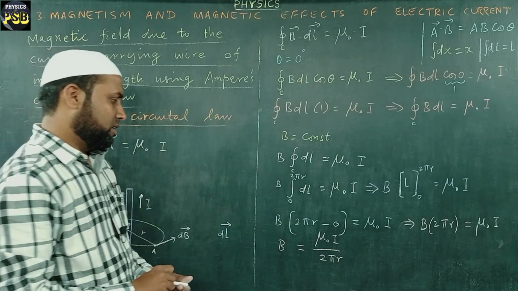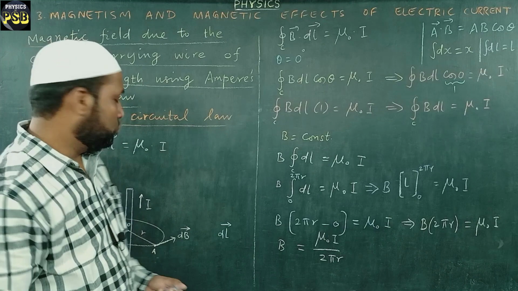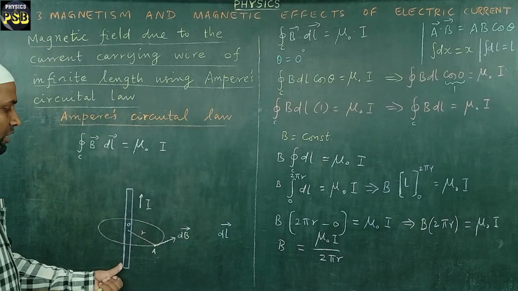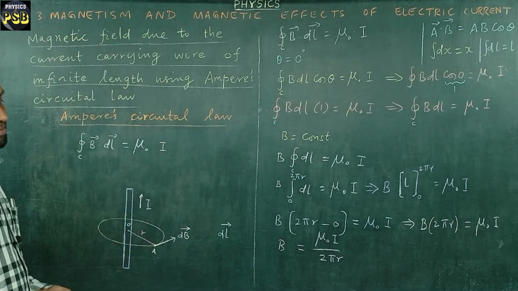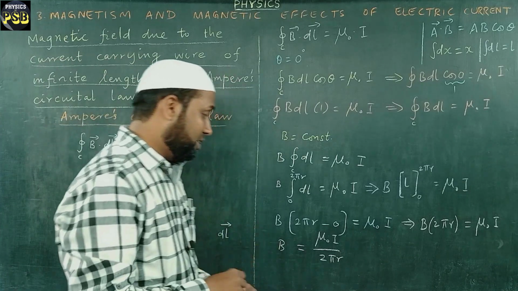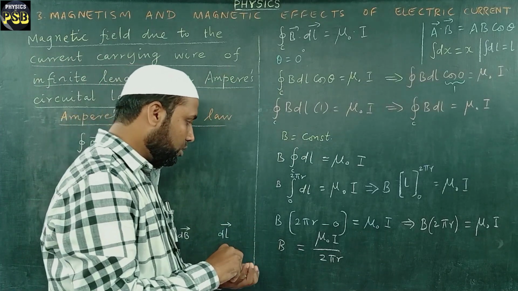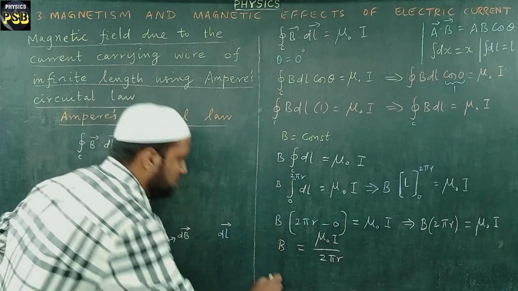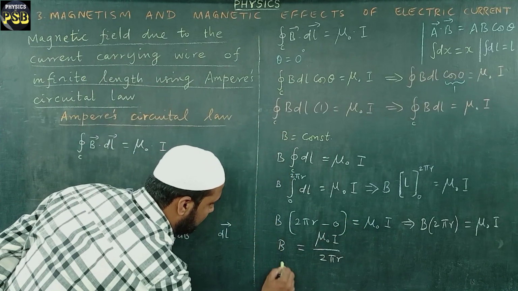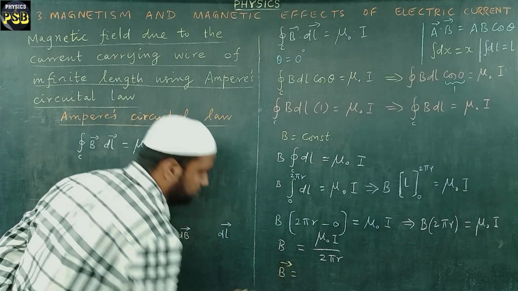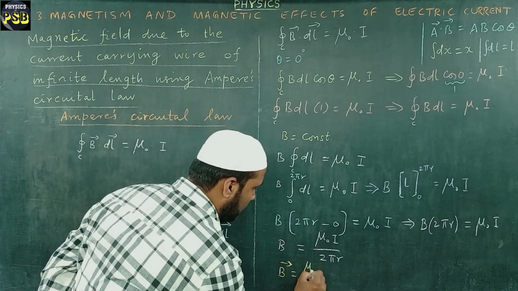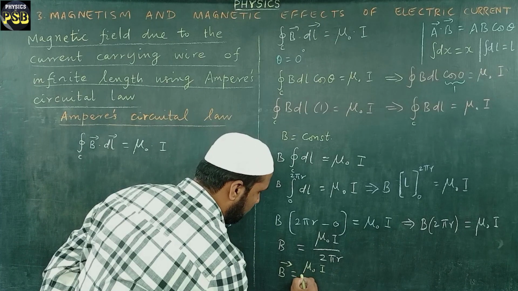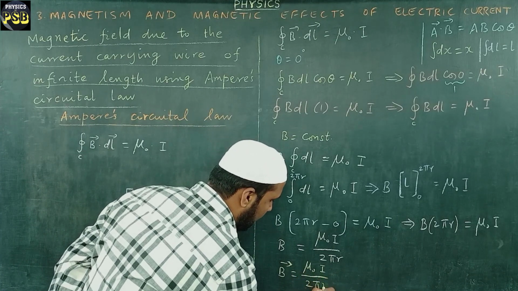This is the expression for magnetic field due to a current carrying infinite long wire. Okay. In vector form, how do I write this one? Vector form is written in this manner. B vector equals mu naught I upon 2 pi r.